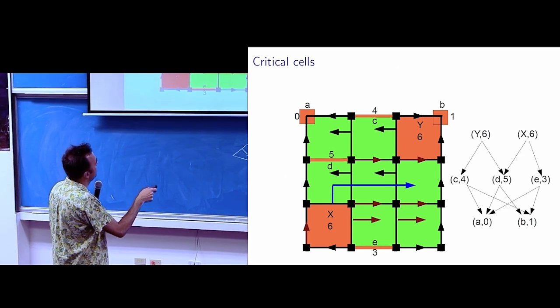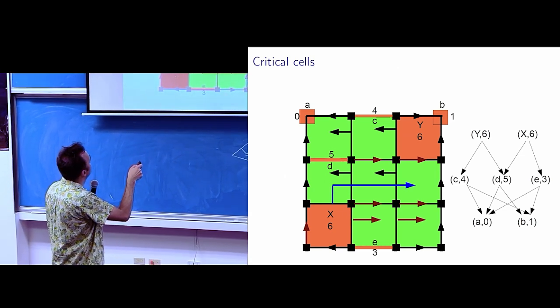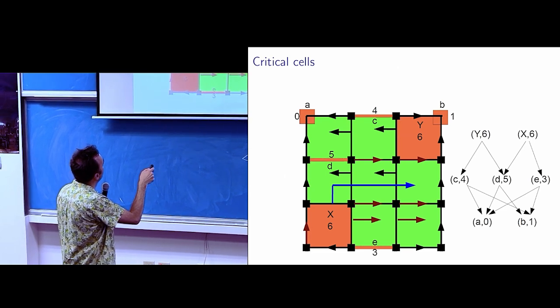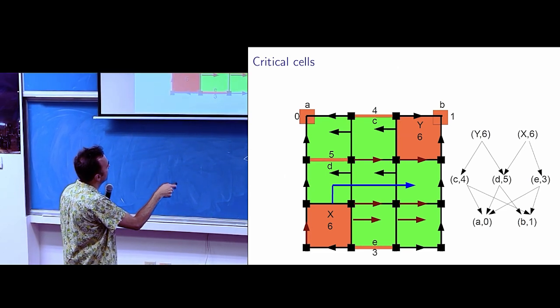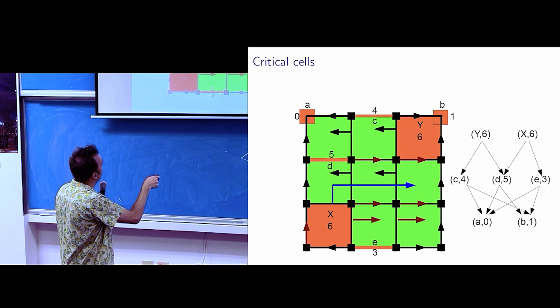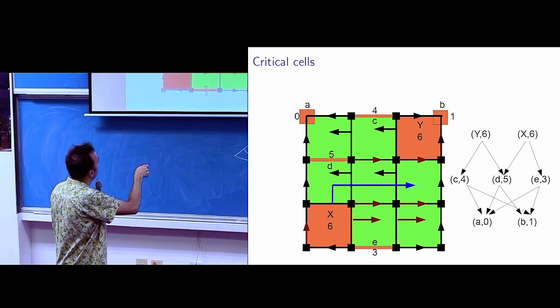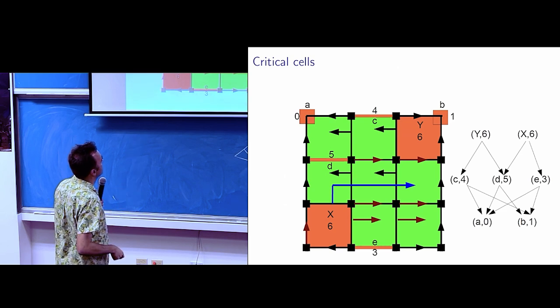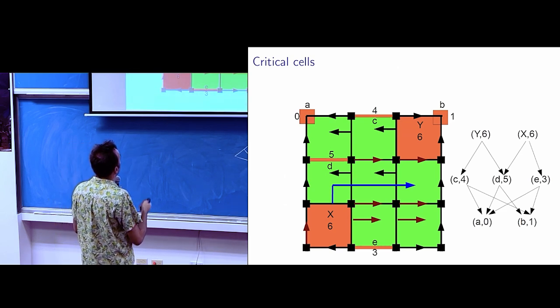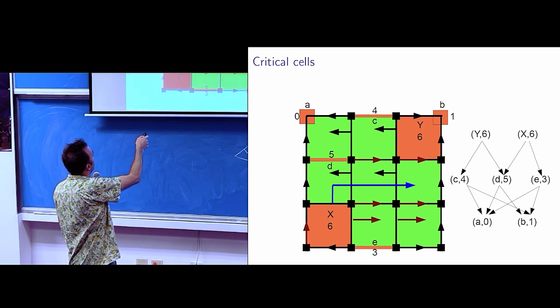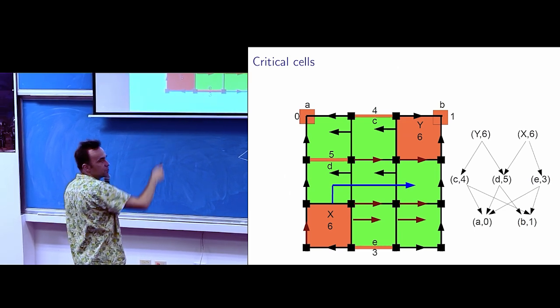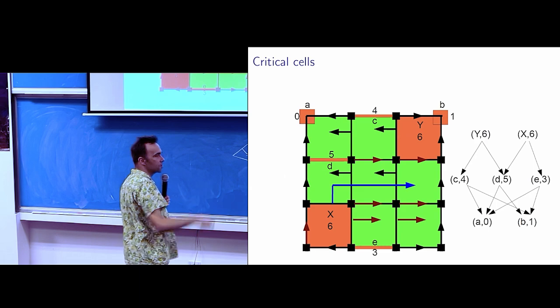And the edge C has B in the boundary and A in the boundary. The same for E. If I'm going this way, it has B in the boundary. If I'm going that way, it has A in the boundary, and there is an edge D. If I go this way, there is A, and if I go this way, there is B in the boundary. So that's the Hasse diagram.